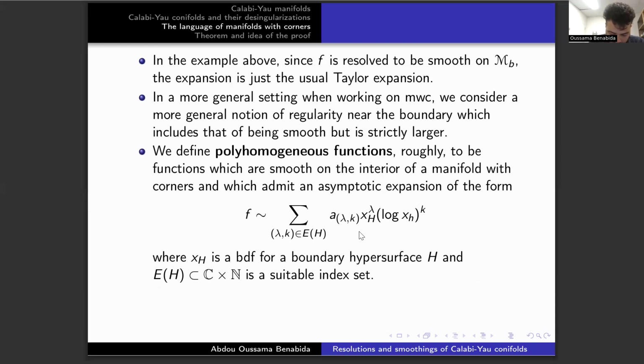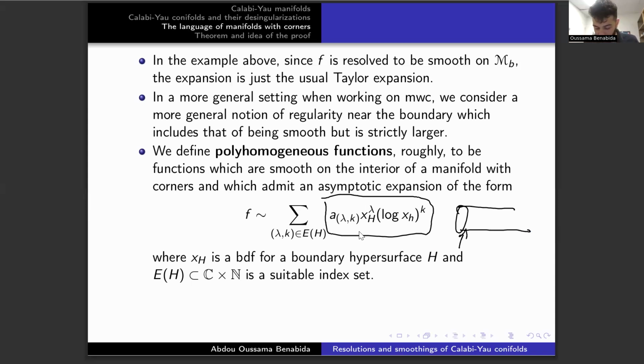But another way of characterizing polyhomogeneous functions is that, for example, in the case of a manifold with boundary, we can take the Mellin transform near the boundary, and polyhomogeneous functions are the Mellin transform of meromorphic functions. So this should be thought of as a kind of real counterpart for meromorphic functions. These basically allow certain types of singularities.